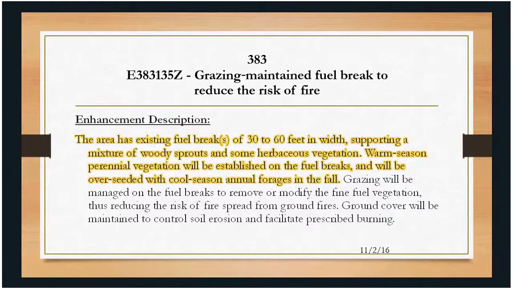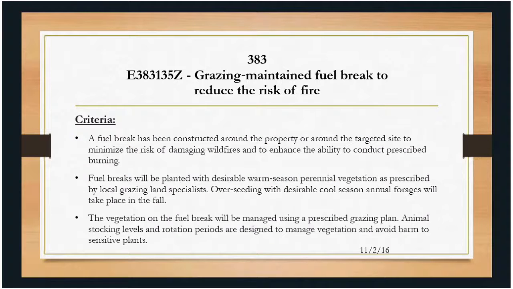And overseeding with, anyway, just in the description, I think there are some constraints here that are going to keep us from being able to use this practice very effectively. With that, who wants me to continue with this practice? Does anybody see any hope of using this or have any interest in more details on this enhancement?